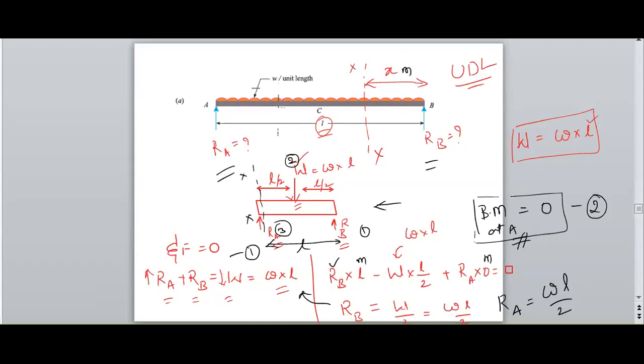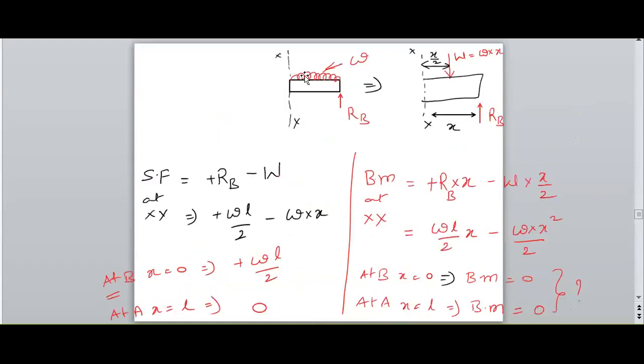Now I am considering only this region. This is the section XX and this is the beam. The UDL acting on the right hand side of my section is small w, and the length of that section is x. RB is also acting here. Therefore, I need to convert this UDL into a point load.